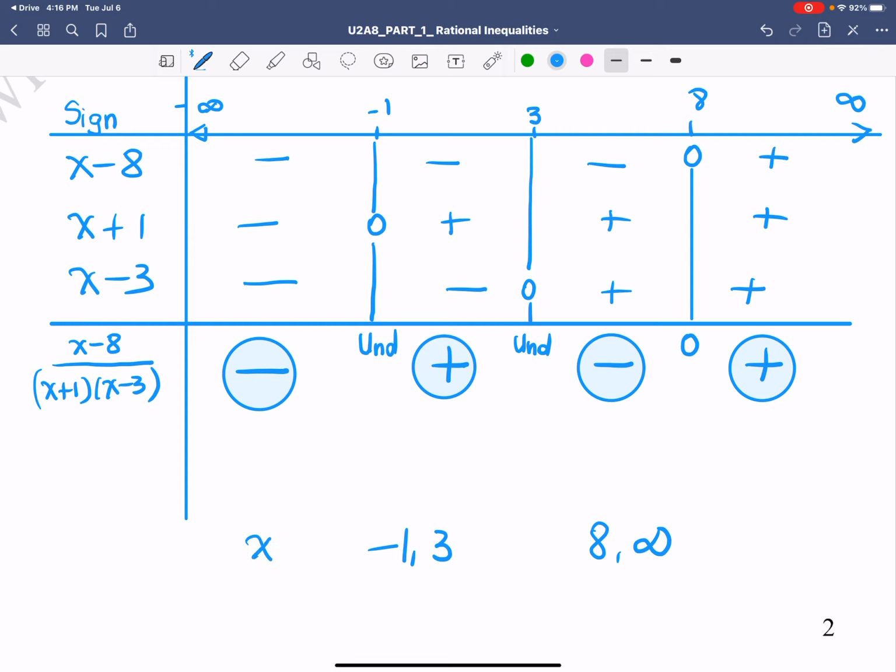And I will say that x must belong to some intervals here in between. So now I have to decide on what brackets to use around negative 1, 3, 8, and infinity. For infinity, I always know that it's round brackets. For negative 1, I have to check with the chart. At negative 1, the rational expression is undefined.